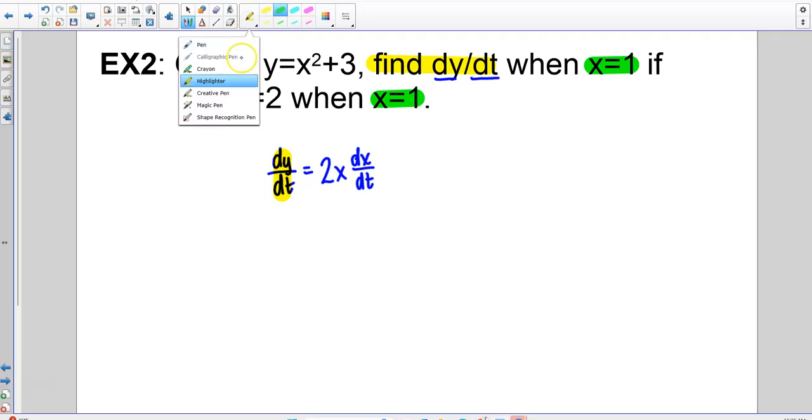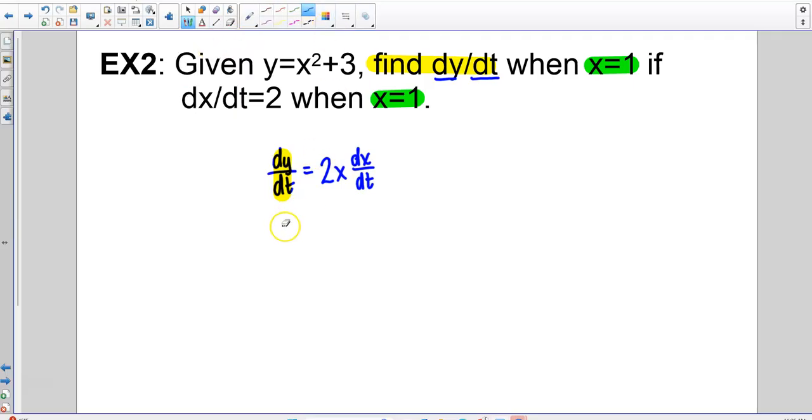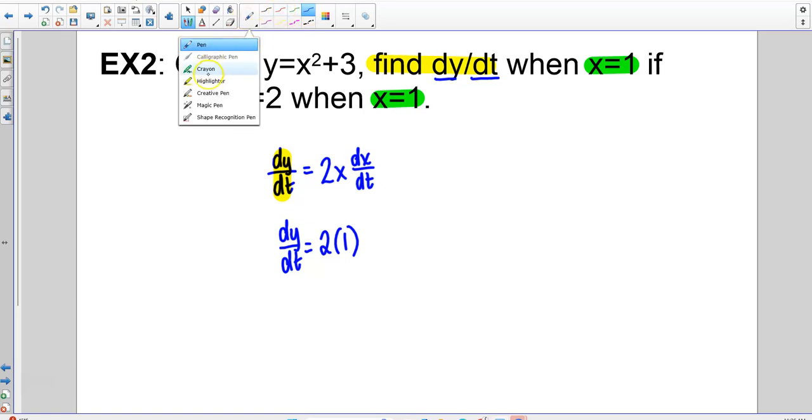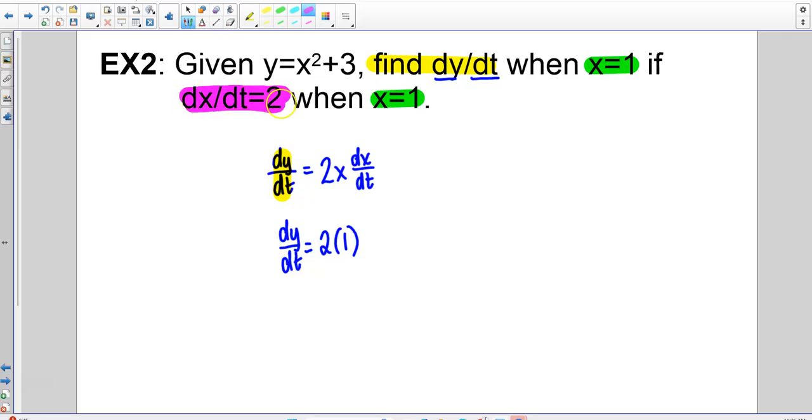So I can replace the x with 1. So we got 2 times 1. And then at x equals 1, they tell me that the dx dt is 2. So I can replace the dx dt with 2. So dy dt equals 4.